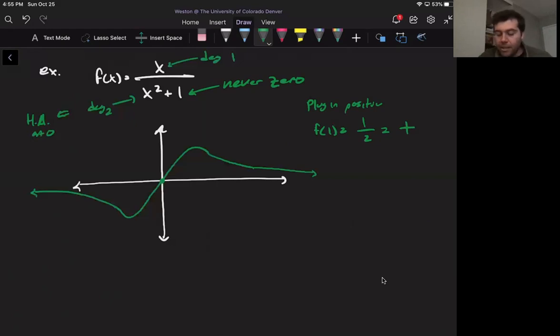And maybe you're thinking, Weston, how did you know there were humps there? Well, I've gone ahead and taken some calculus. And in calculus, you'll look at this function and find where those peaks have to be. Or you can just plug in numbers yourself and see that it would have to have a shape like this.